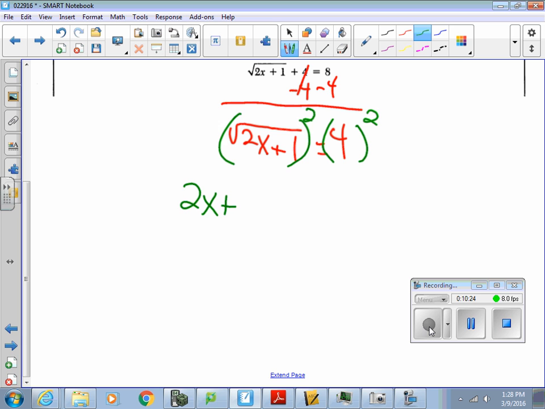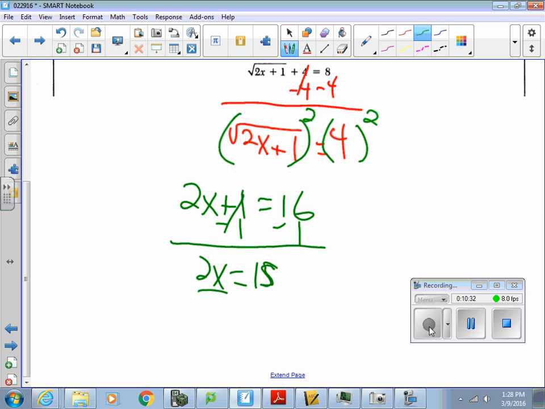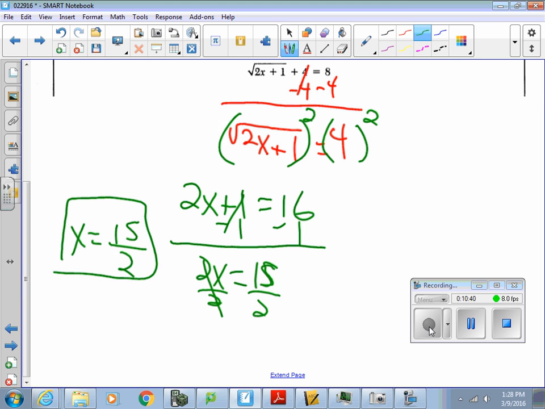So we're left with 2x plus 1 is equal to 16. Subtract 1, subtract 1, 2x is equal to 15. Divide both sides by 2, and you get x is equal to 15 over 2. That should have been a piece of cake for 2 points. So hopefully they'll have another problem like that, because that is pretty easy, I'd say.